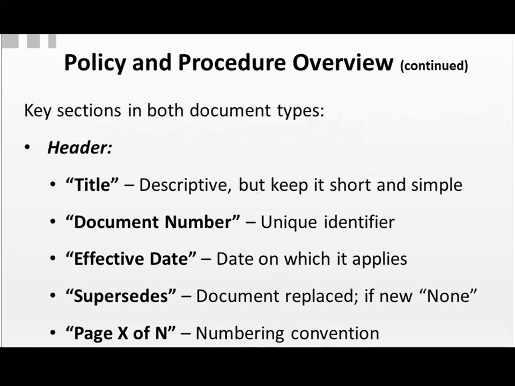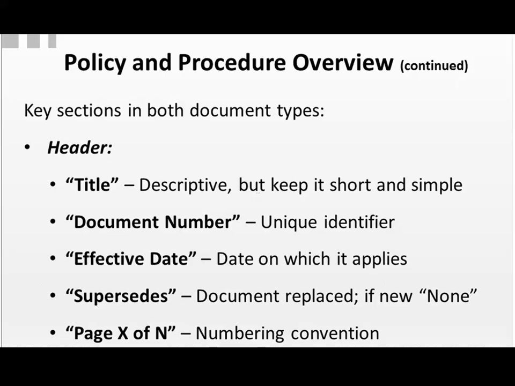In both types of documents, you have to have key information. A header is usually done that has the title, which is descriptive. A document number, that's a unique identifier. There should be a document numbering system used through your quality management system that identifies something as a policy or a procedure, and perhaps in a particular functional area.